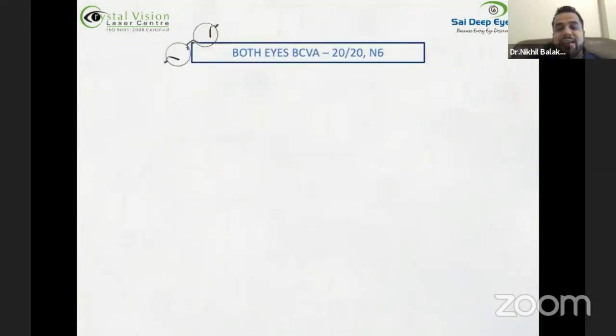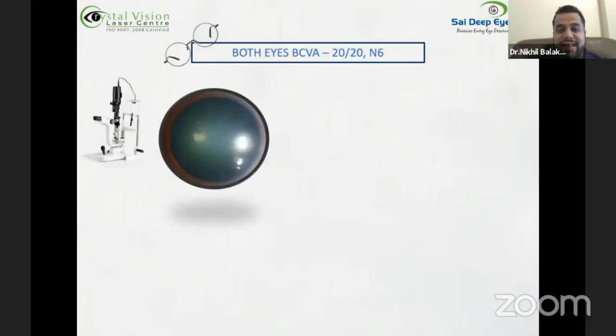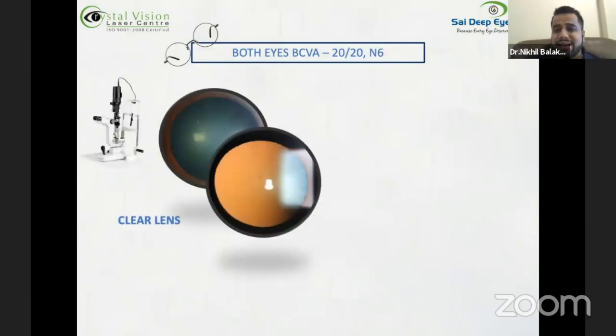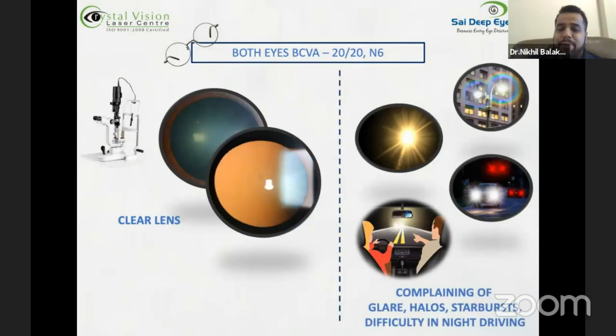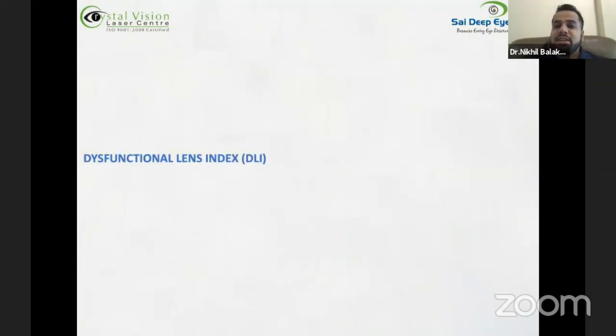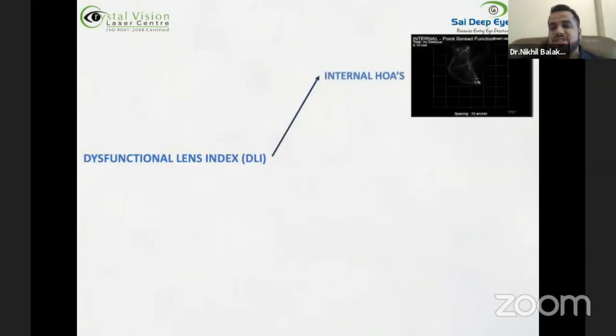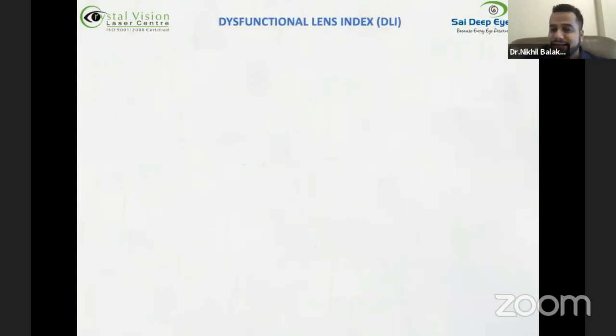Coming to DLI, it's called the dysfunctional lens index. Here we see a clear lens, and yet the patients, with 6/6 vision and N6, complain of glares, halos, starbursts and difficulty in night driving. So why is it that even though their lens is clear, they complain of this? It is something known as the dysfunctional lens index, which takes into consideration the internal HOAs, the pupil size, and the contrast sensitivity.